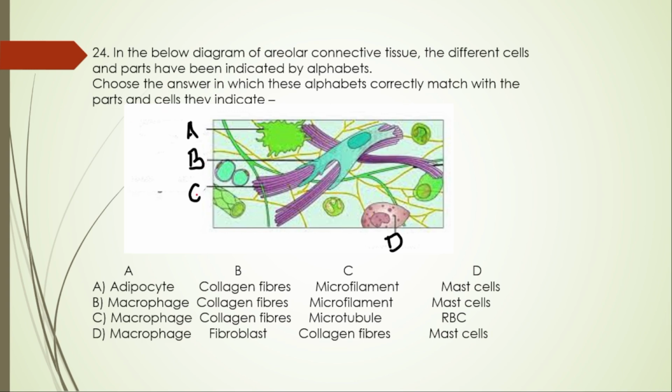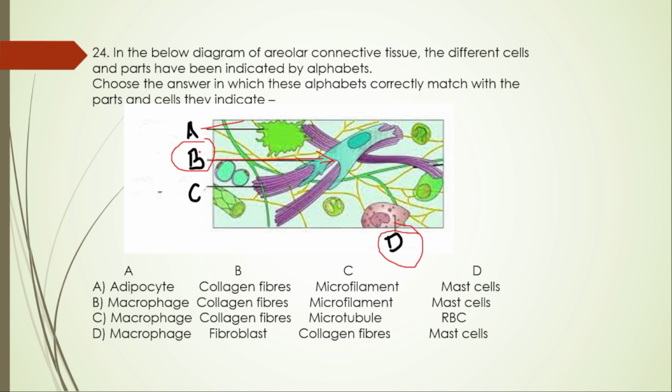This is A, this is B, this is C, and this one is D. Here A is macrophage, B is collagen fiber, C is indicating fibroblast, and D is mast cell.